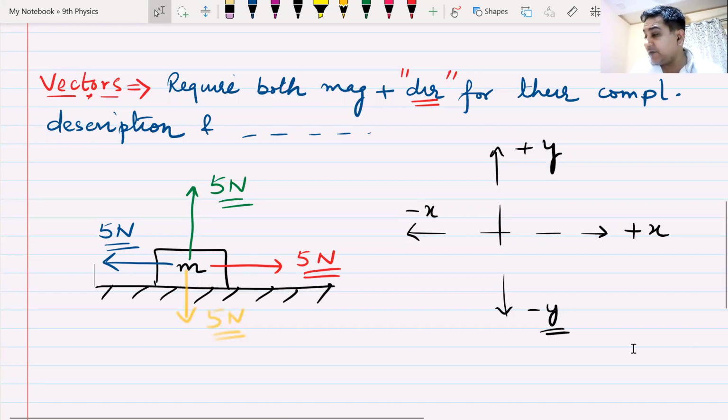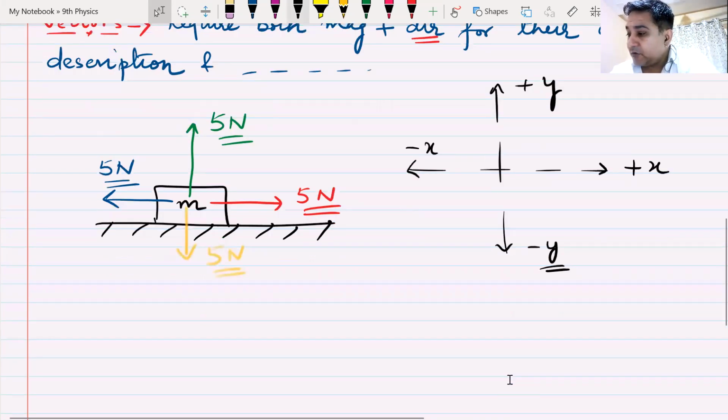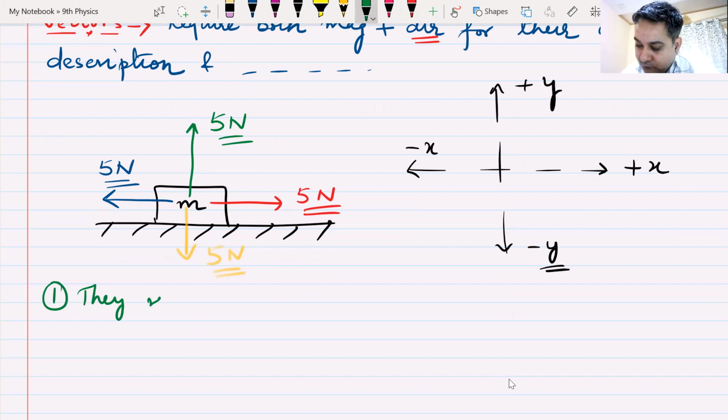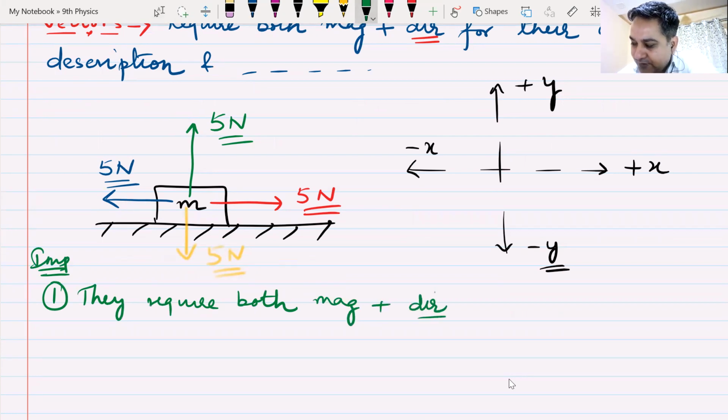So the first thing that we have understood about vectors is that they require both magnitude and direction for their complete description.